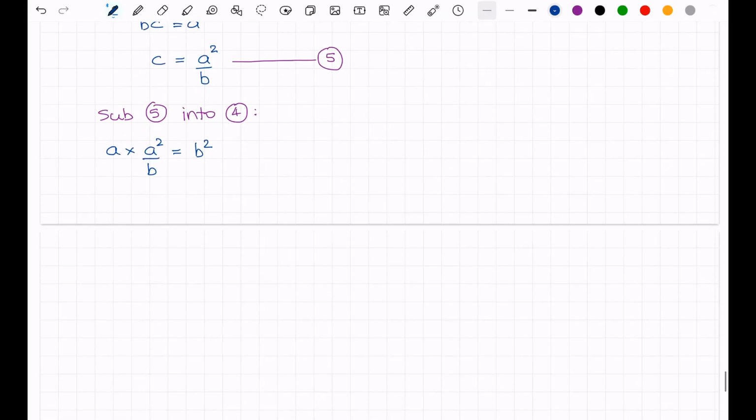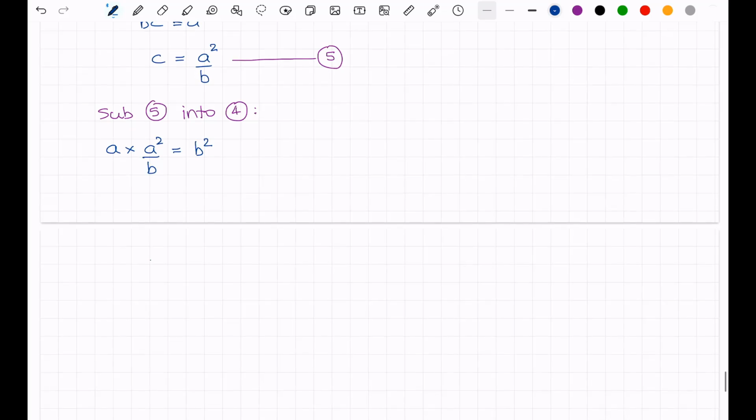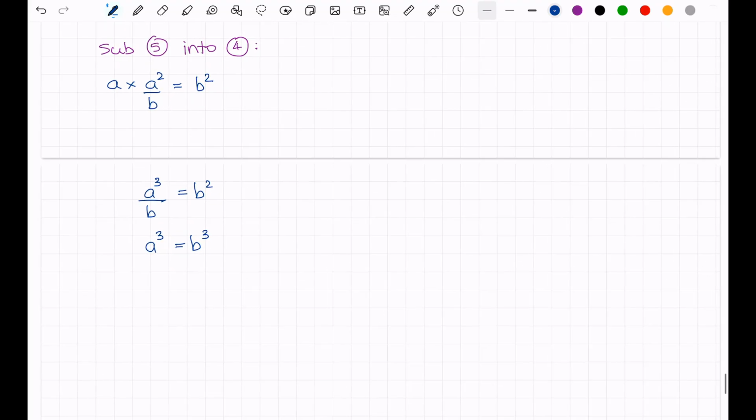So cleaning that up, a times a squared would be a cubed, and that's divided by b, so that's equal to b squared. I'll multiply both sides by b, and I'll get a cubed equals b cubed. And if I take the cube root of both sides, I would end up with a is equal to b.